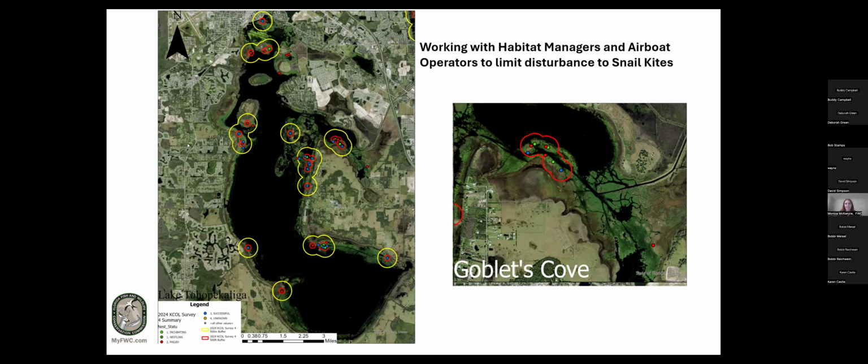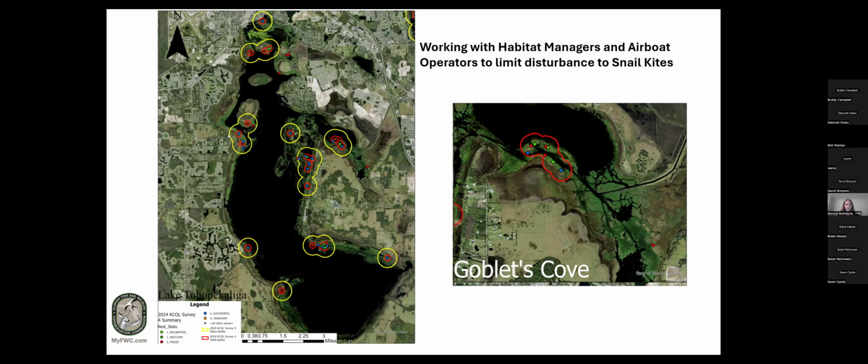So we want them to stay on their nest for as long as possible. So the habitat managers limit the amount of time that they spend within a 500 foot radius of the nest.